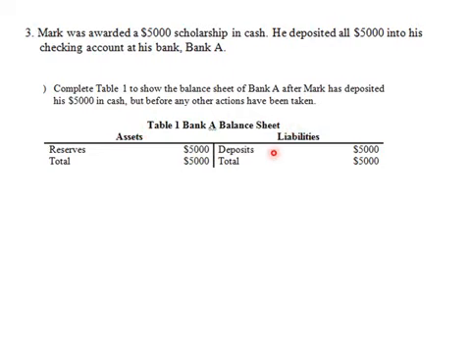Once a $5,000 new deposit comes into the bank, it is recorded under the credit or liability side of the bank balance sheet, because these deposits are not the bank's deposit. These are the customer deposit and the banks owe it to them. So it's recorded under liabilities 5,000.